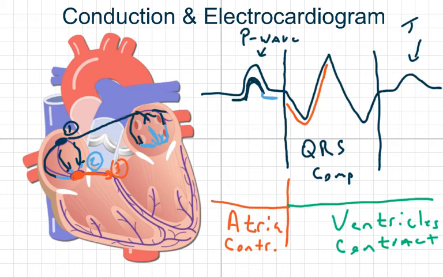Simultaneously, as ventricular depolarization is occurring, atrial repolarization is occurring. The only reason we don't see that here in the electrical tracing is because it's overridden by the ventricular depolarization.